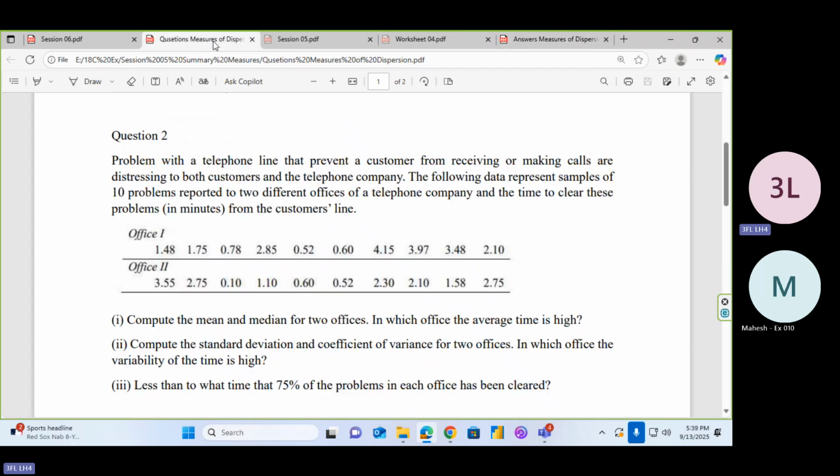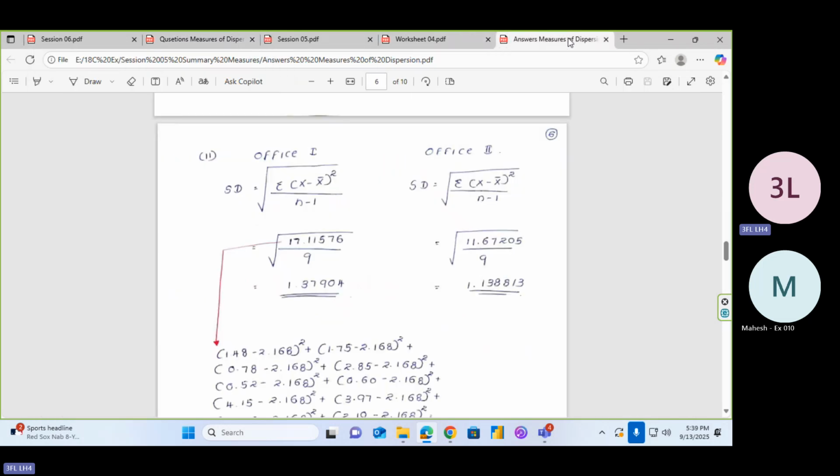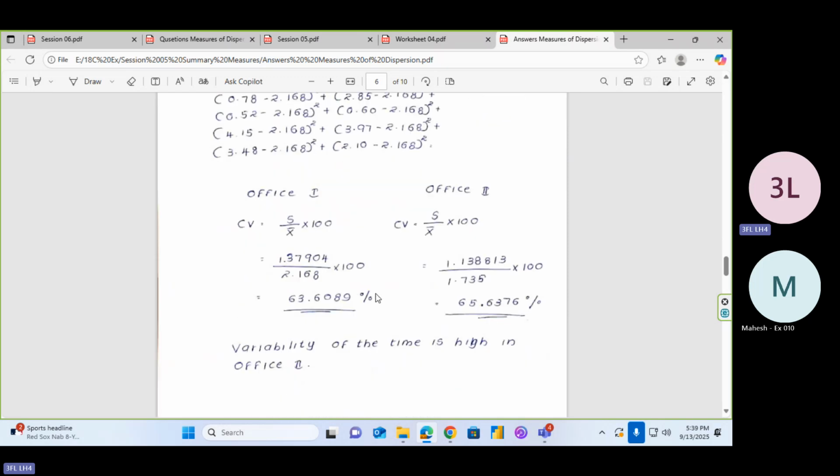Then the next one asks to calculate the CV value. Okay. Then the CV value of office 1 is 63.6089%. Office 2 is 65.6376. Then which office has the high variability?